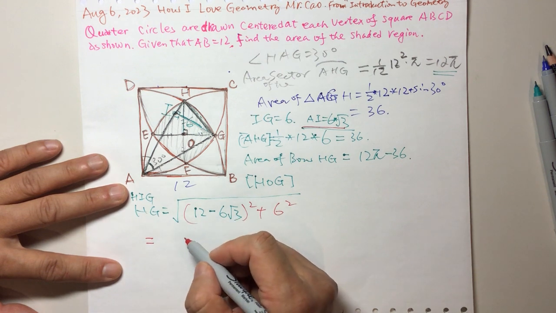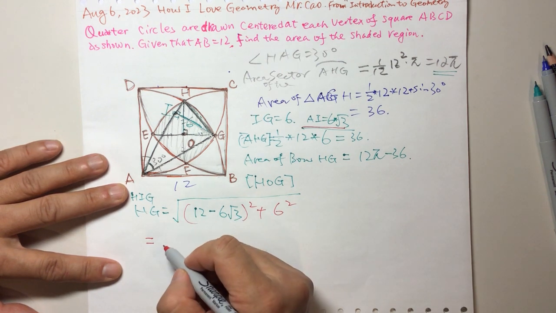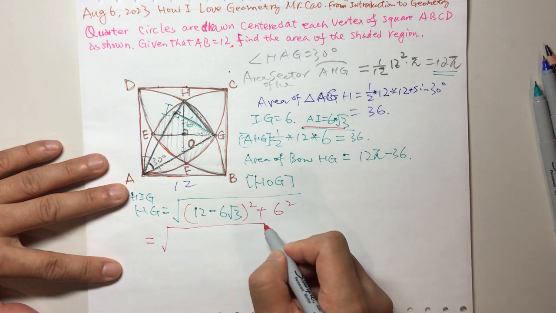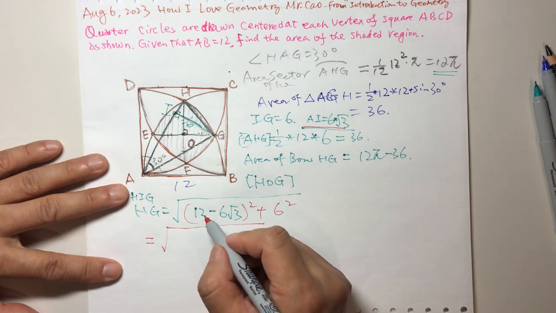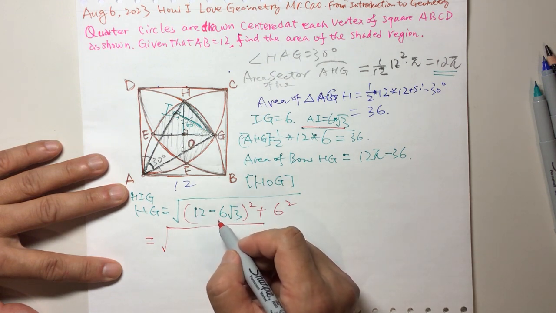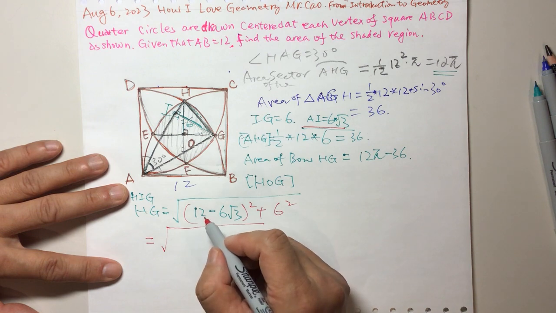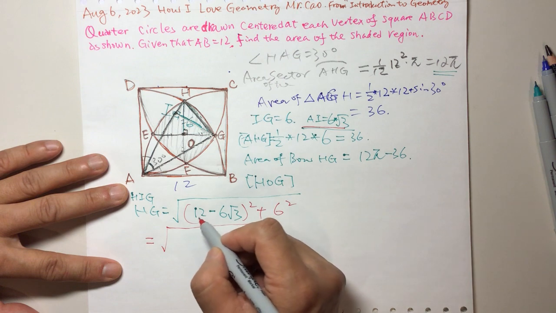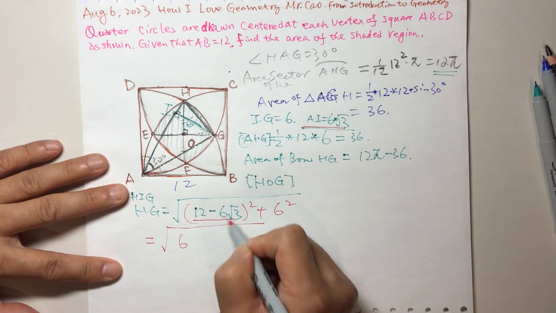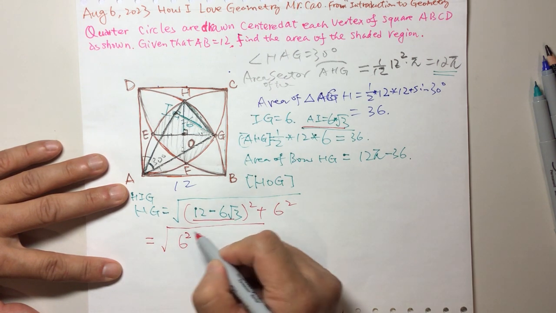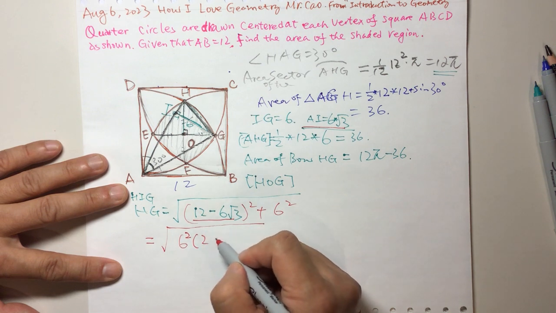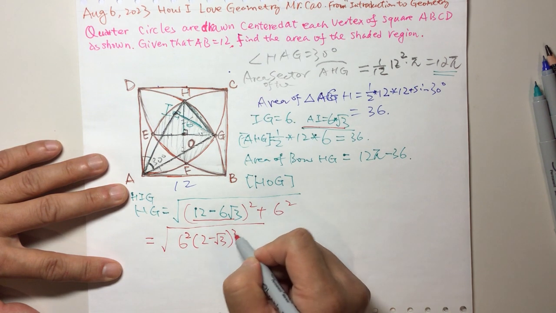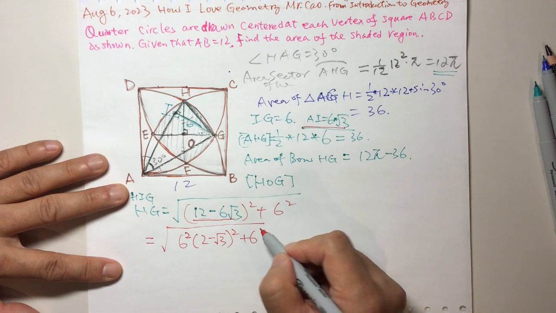So square root of this, we can factor out 6, then squared, that's 2 minus square root of 3, then squared, right? Plus 6 squared.